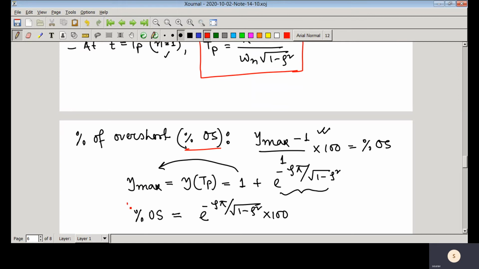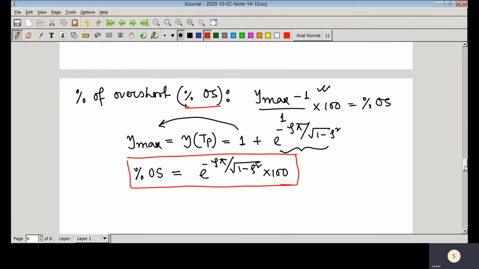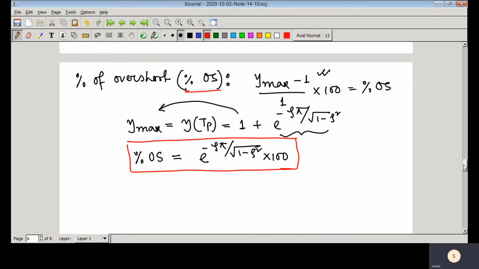And one interesting thing you can notice here is that the percentage of overshoot does not depend on omega n, the natural frequency. It only depends on zeta, the damping ratio.